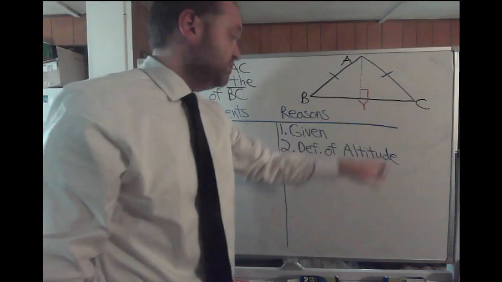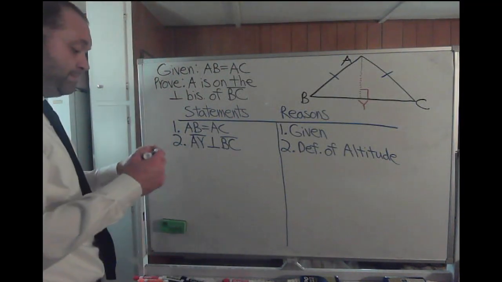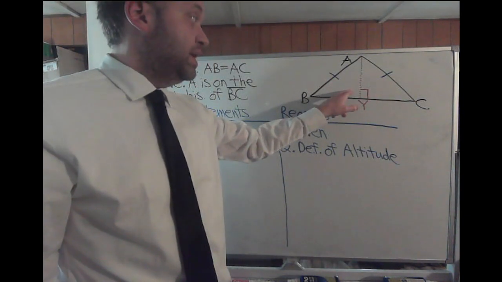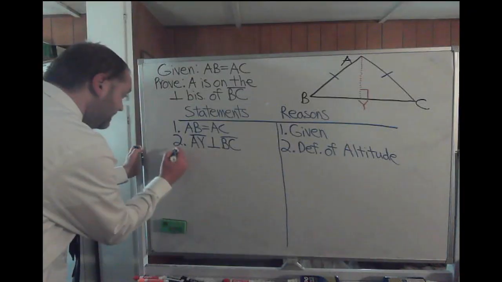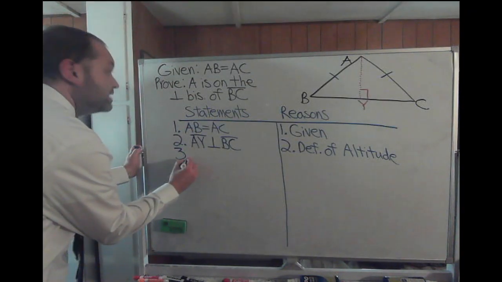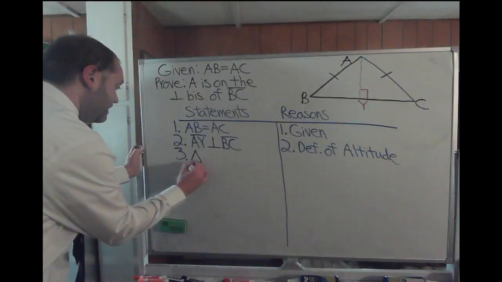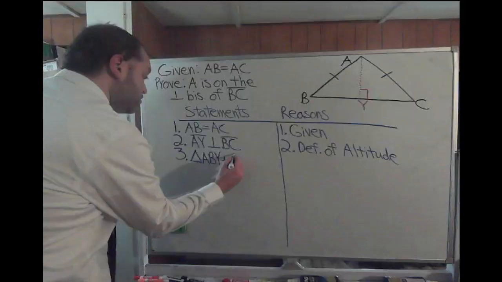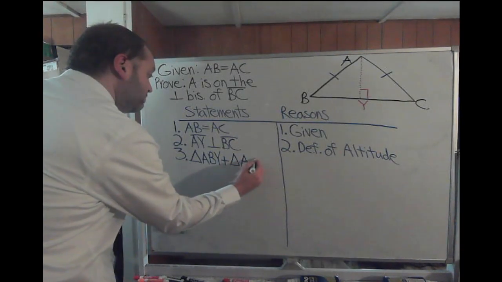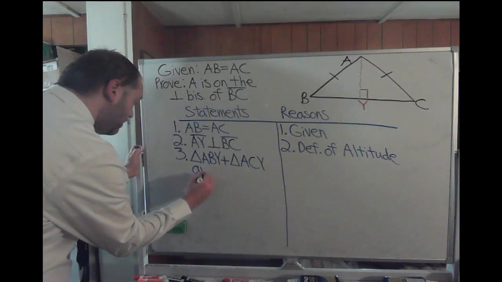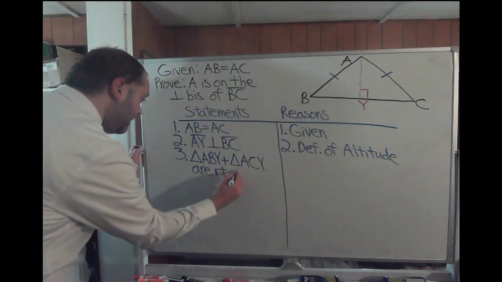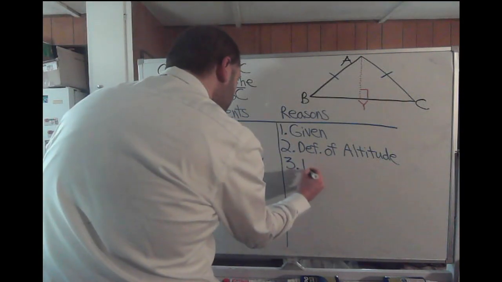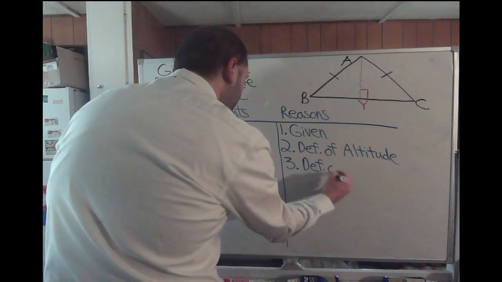By the definition of altitude, AY is perpendicular to BC. So now we've split this triangle into two right triangles, right? Why don't we state that triangle ABY and triangle ACY are right triangles. Well, by the definition of right triangle, since they're both triangles with right angles in them.